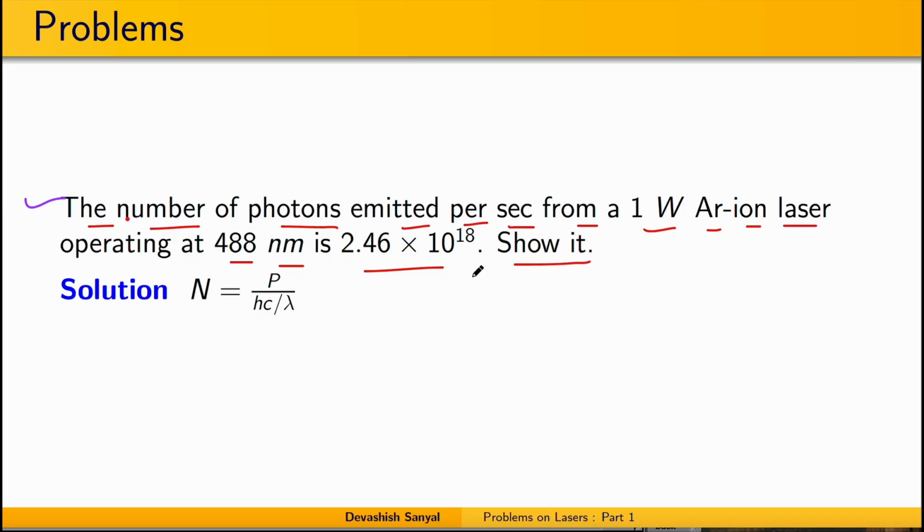This is simple. Power is given here, and the energy of a photon is hc by lambda. So divide the power by hc by lambda, and you get the number of photons.